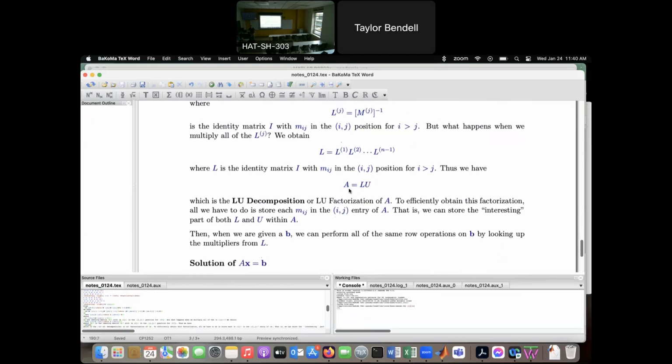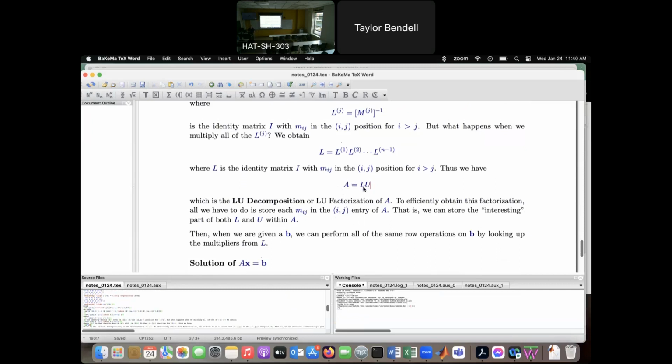What you can do is carry out Gaussian elimination on A, that will produce U naturally, that's the result. But as you do that, as you compute each multiplier Mij, you store that in the ij position of the matrix that you're working on.